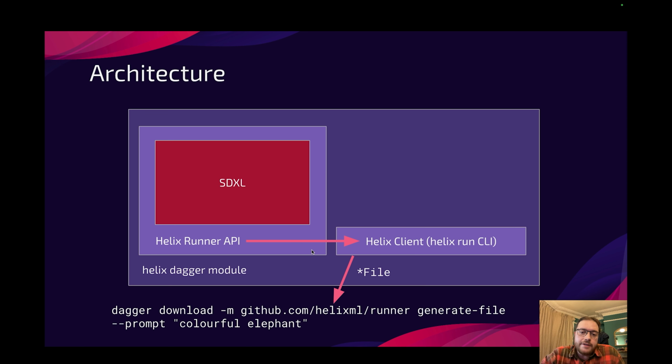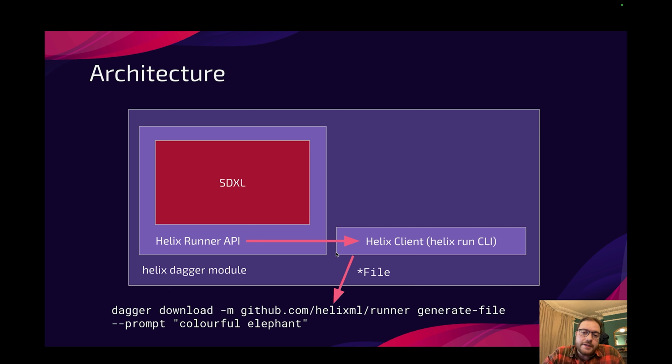And so it would be really nice if we could keep the runner container around across different invocations of clients, or if you have a DAG that's made up of multiple chained steps, and multiple of those steps want to access the same model and do inference. It would be nice if we didn't have to reload those model weights into GPU memory every time we made a new call into the runner.